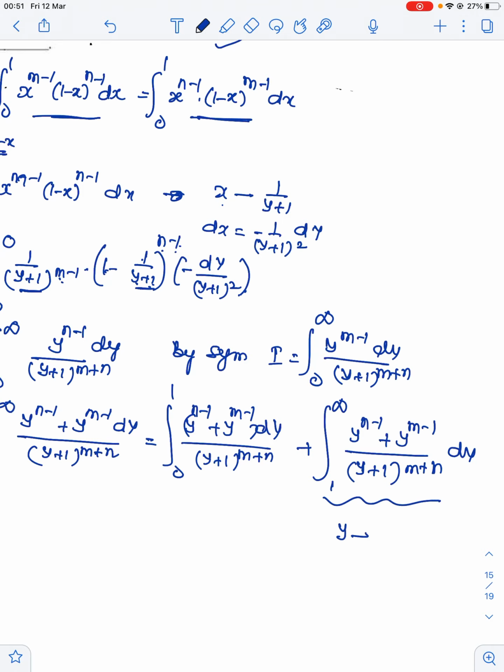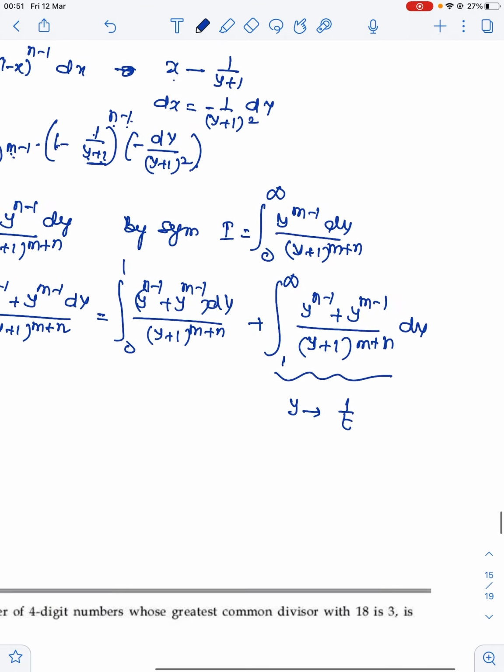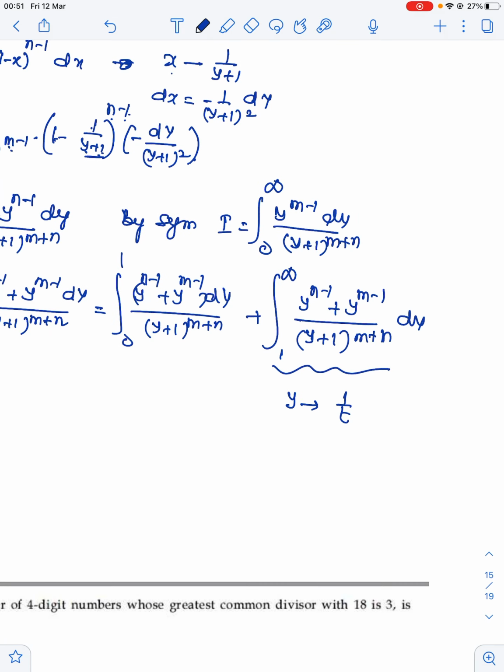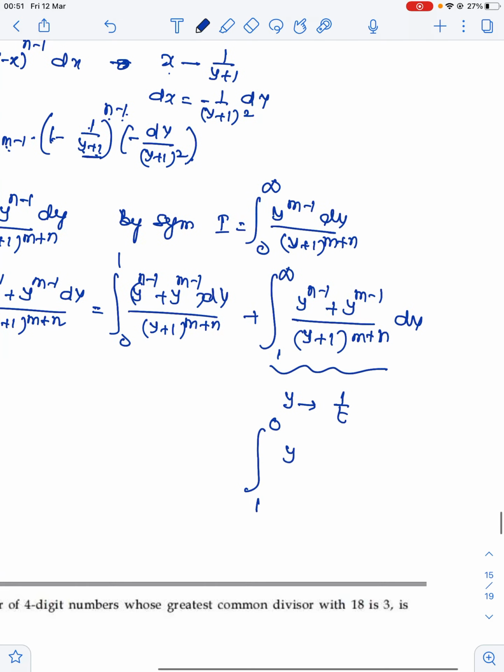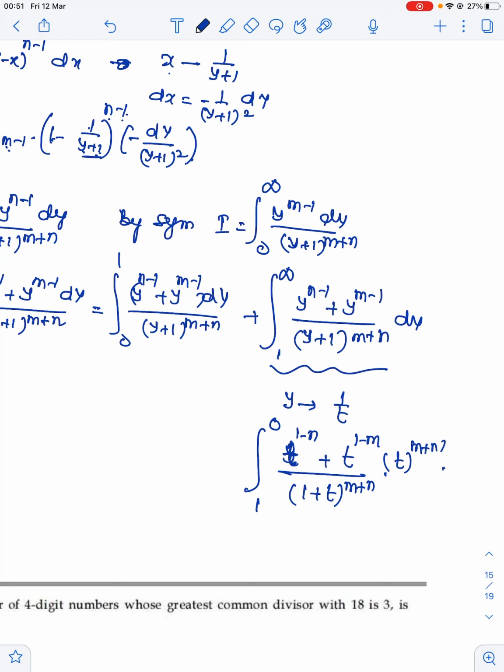In this second portion, if I replace y as 1 upon t, this changes to 1 to 0, t to the power 1 minus n plus t to the power 1 minus m upon (1 plus t) to the power m plus n, upon t it goes up, t to the power m plus n, and dy becomes dt by t square with a minus.